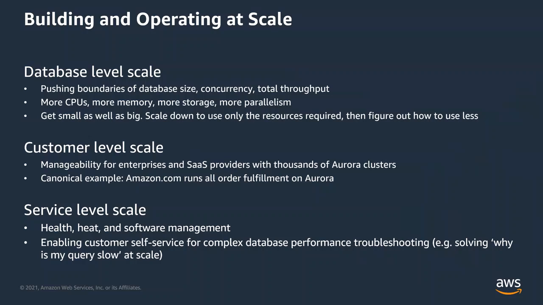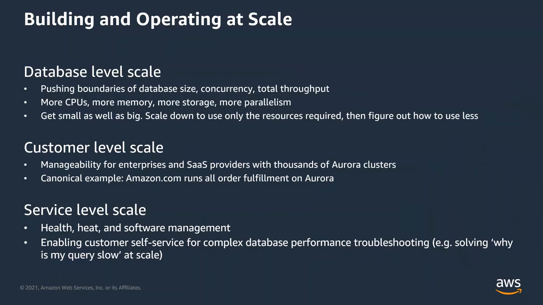We have a lot of SaaS providers that we work with. They host their own multi-tenant applications and run on Aurora, and they may have millions of customers. And so how do we build a system that's easy for them to use? How do you build a system that lets, say, a cloud software provider make sure that they have the ability to scale individual customers up and down and their resources?